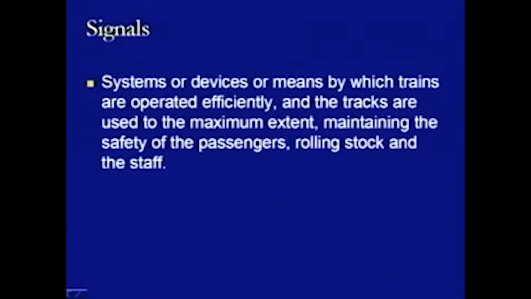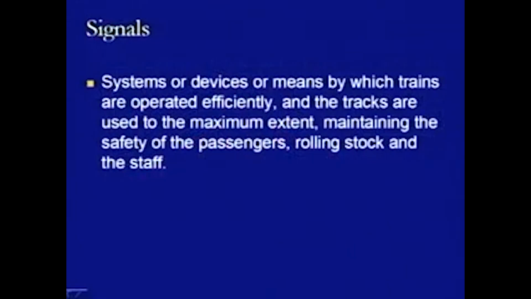Signals are systems or devices or the means by which trains are operated efficiently and the tracks are used to the maximum extent, maintaining the safety of the passengers, rolling stock and the staff. The definition itself comprises certain objectives with which signals are provided. We want operational efficiency to be maximized.